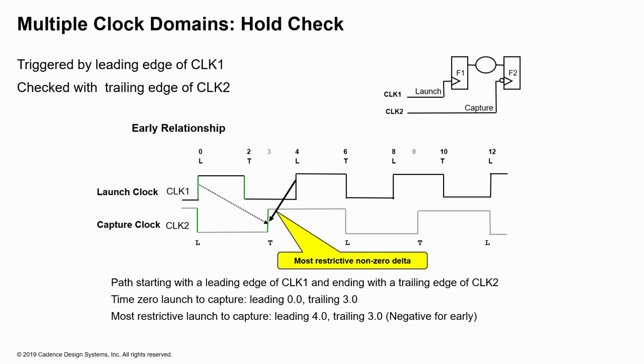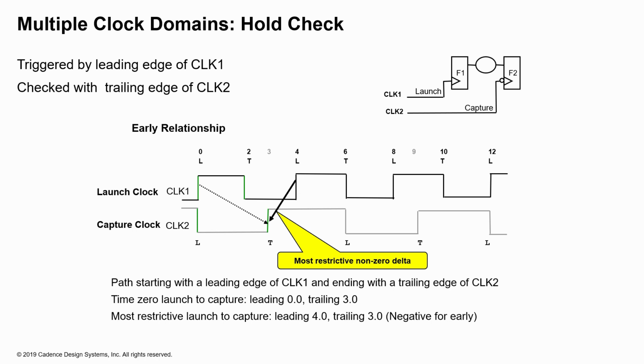So now if we look at the launch 4 and the trailing edge at T3 still hasn't completed saving, then that is the most restrictive edge, and therefore the hold requirement is done at T3 for the hold check.